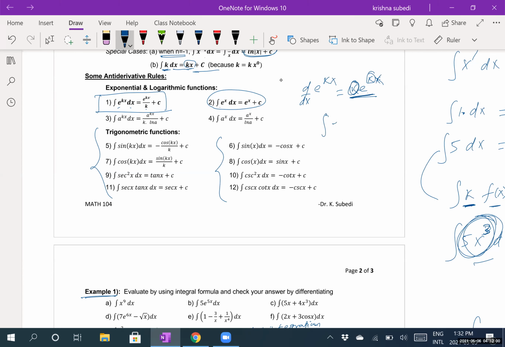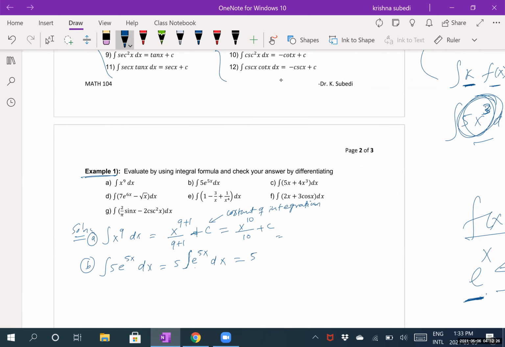So therefore, integration of e kx dx becomes e kx over k. Okay, because derivative and antiderivative are opposite. So in derivative, it's multiplied by k, and the opposite of multiplication is division. So in integration, it will be divided by k. Just keep that in mind.